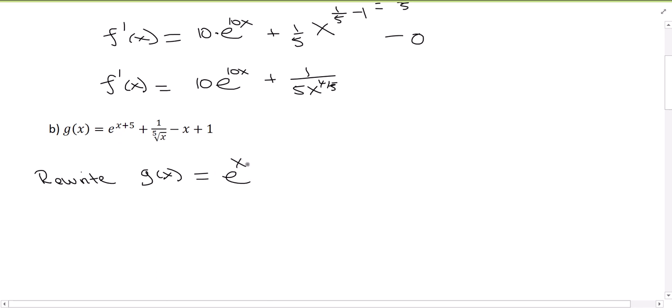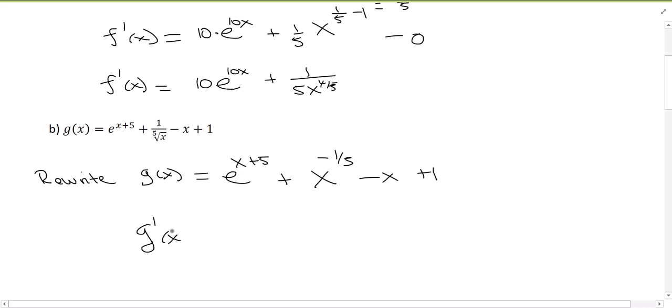So this is x e to the x plus 5 plus 1 over the fifth root of x. I already know that the fifth root of x is x to the 1/5. So then this is going to be x to the negative 1/5 because that fifth root is on the bottom. To bring it to the top, I have to give it a negative exponent, minus x plus 1. And now it's ready to take the derivative.